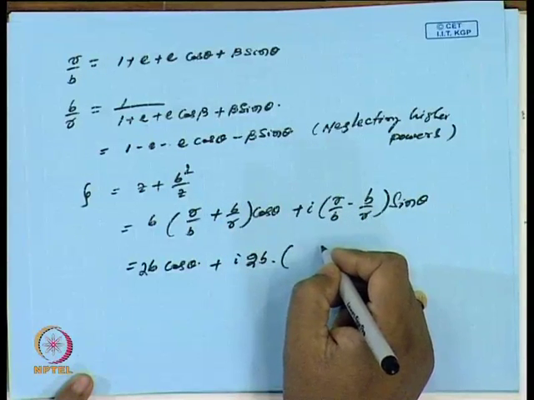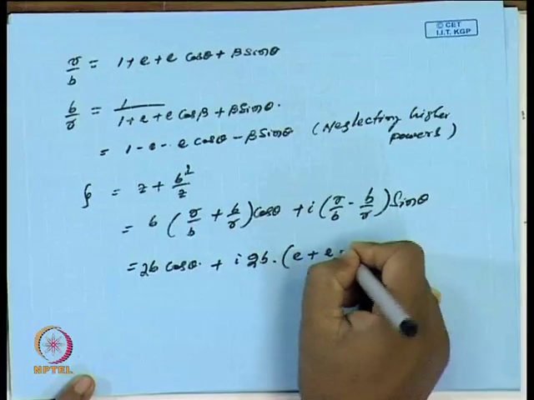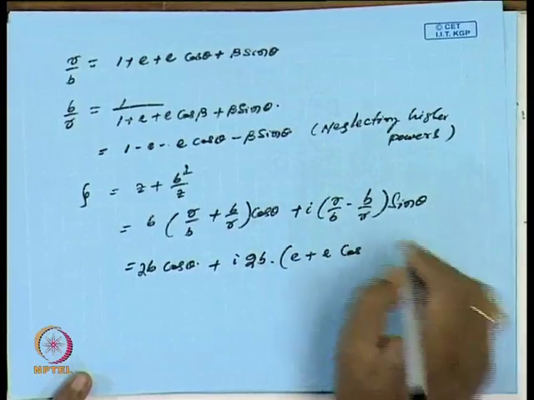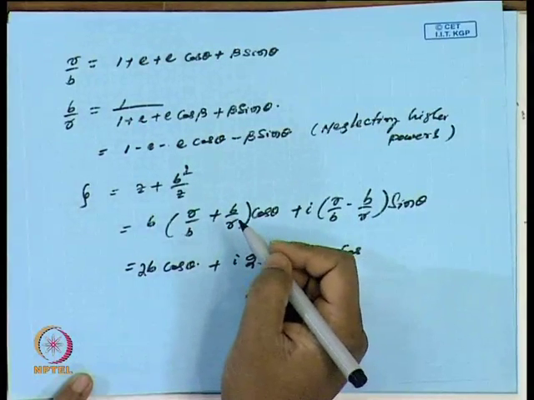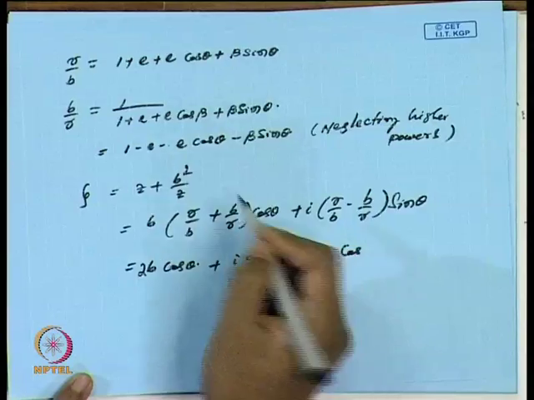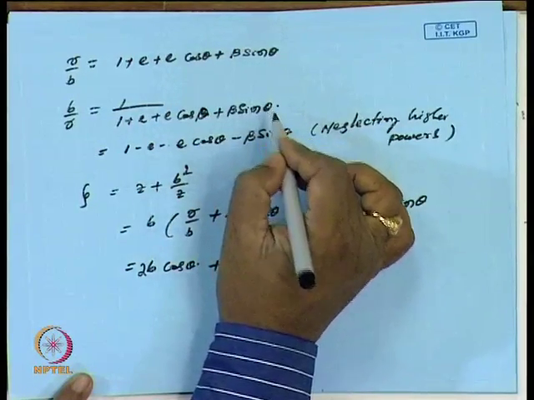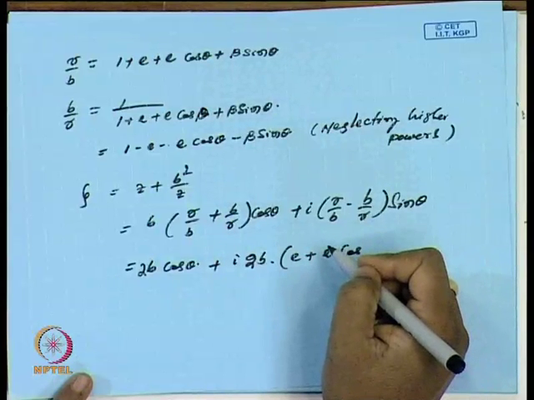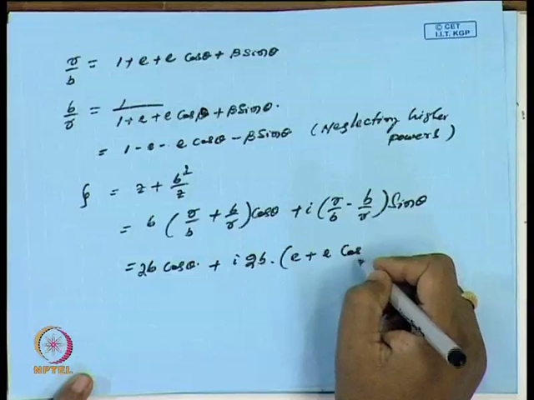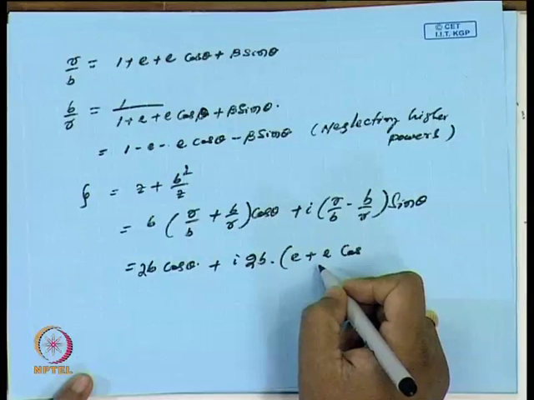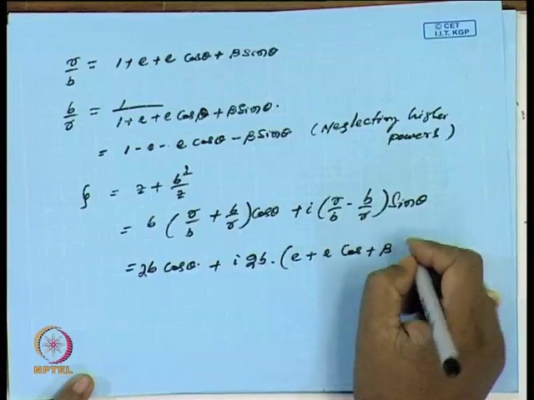So one will get cancelled, and that will give us E plus E cos theta, or this is E cos theta plus beta sin theta. Okay, so then it will be 2b into 1 plus E cos theta plus beta sin theta.